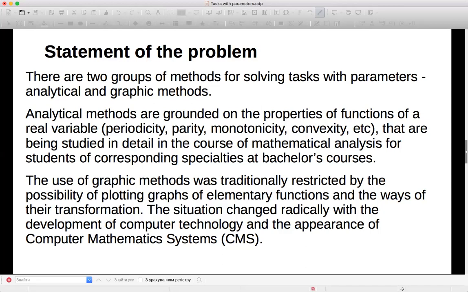The use of graphic methods was traditionally restricted by the possibility of plotting graphs of elementary functions and the ways of their transformation. The situation changed radically with the development of computer technology and the appearance of computer mathematics systems.